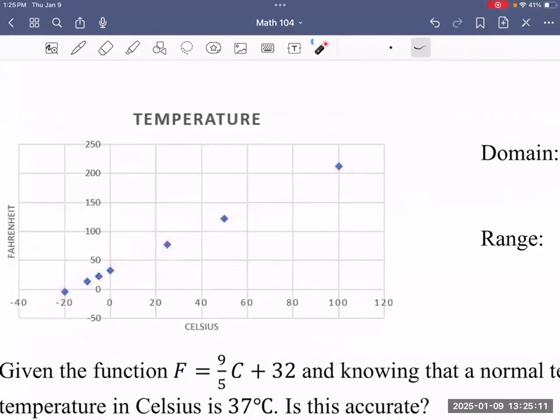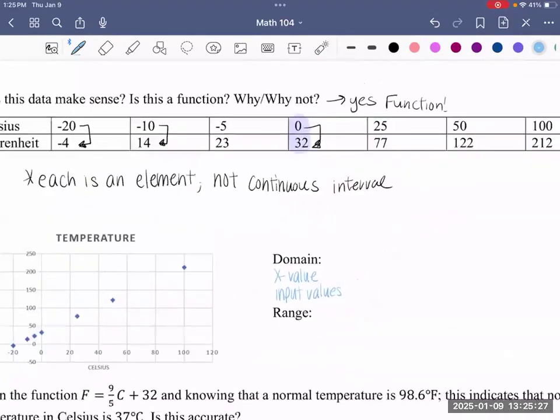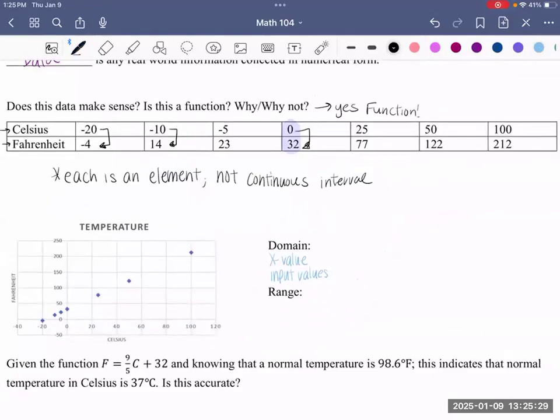Now, when it contains elements, our domain, your x values, for your domain are all of your input values, meaning that we get to choose all of your x values for your domain.